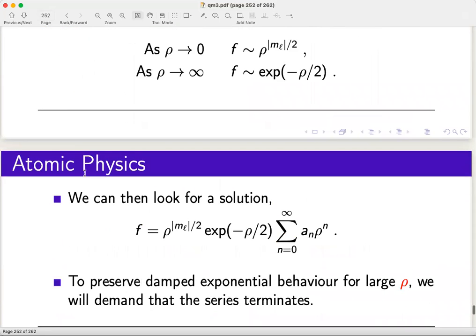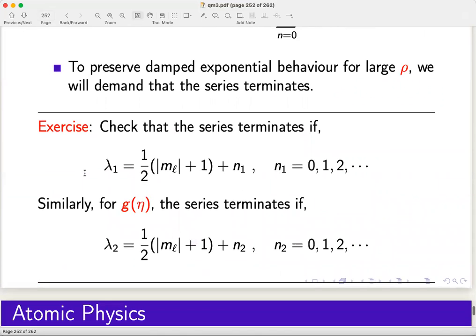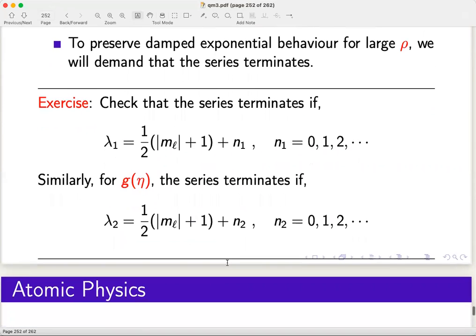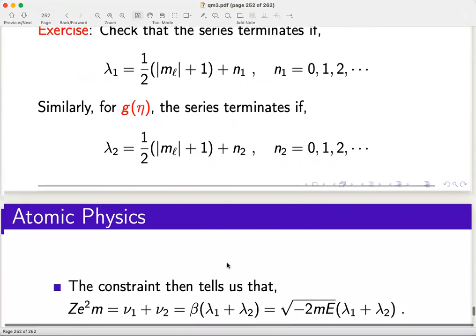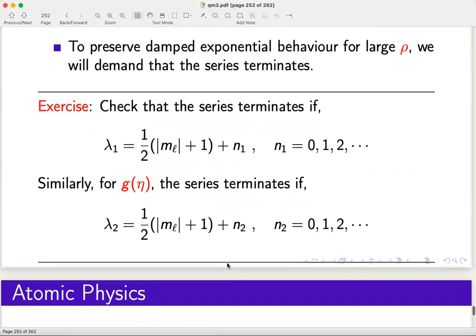You could write down that solution also, and that would give you lambda 2 is equal to half of (ml plus 1 plus n2), where n2 takes integer values 0, 1, 2, 3, and so on. Any questions here?